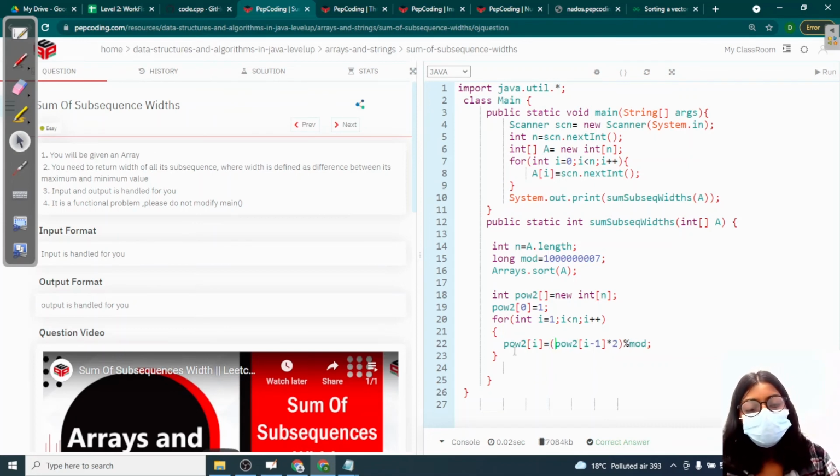Now let's make a variable, long answer, or you can say width. Now we'll run a for loop and iterate over all of my array elements.